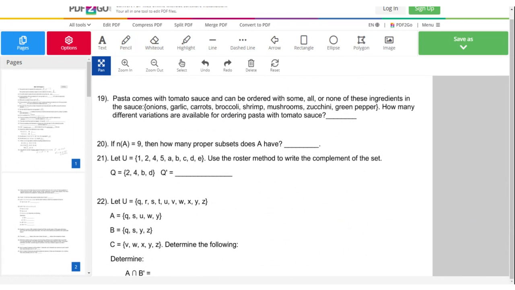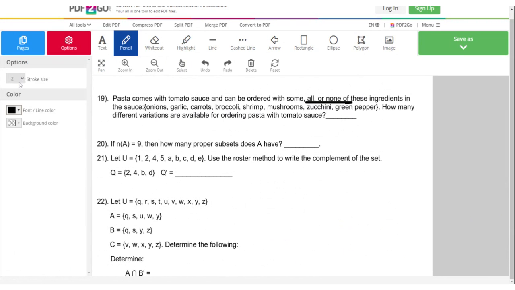Well, it says some, all, or none of these ingredients. So that's just a fancy way of saying 1, 2, 3, 4, 5, 6, 7, 8.